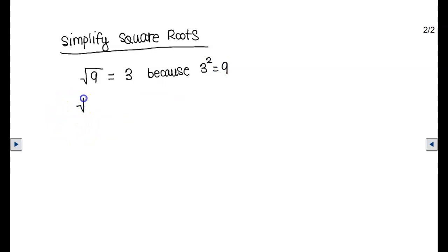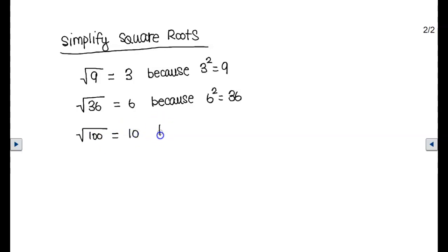If I asked you for the square root of 36, I'm saying what number times itself is 36? So you all know that would be 6. So the square root of 36 is equal to 6 because 6 squared is equal to 36. So a square root asks the question, what number times itself will give this result? If I wanted the square root of 100, what number times itself is 100?